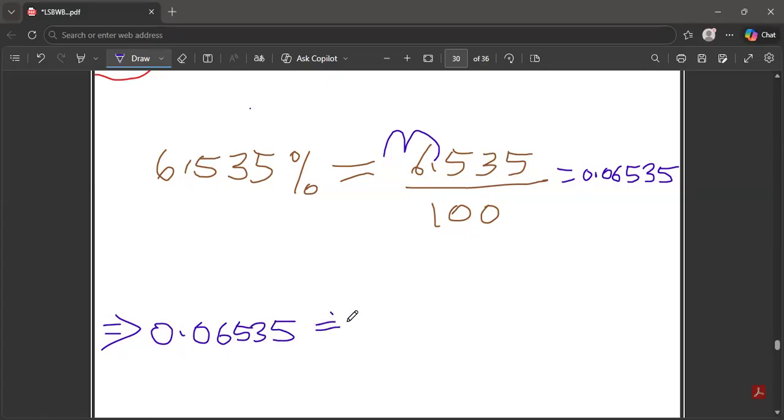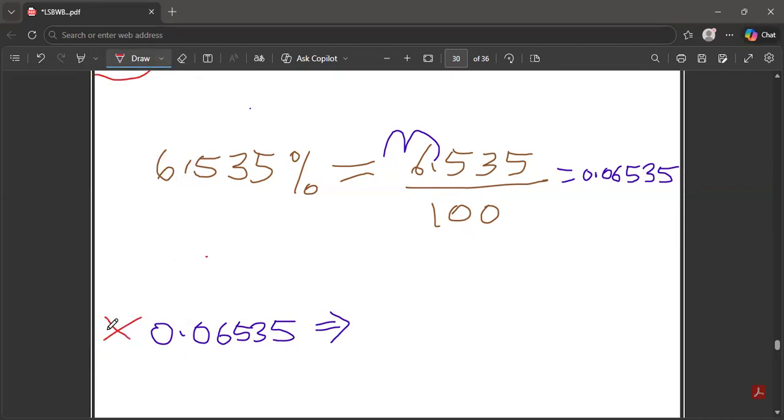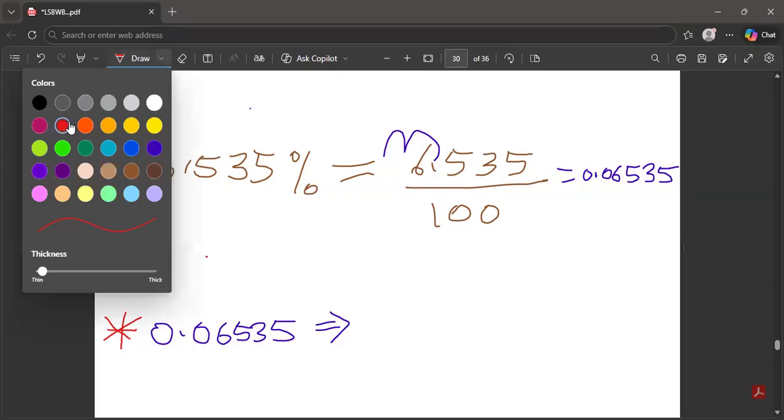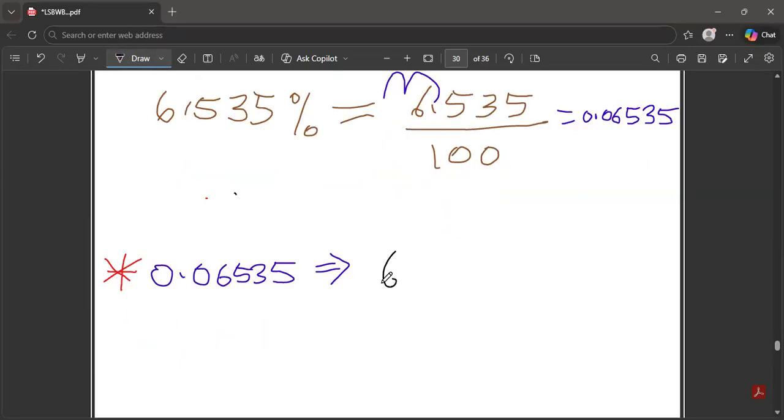can also be written as what? Can also be written as, let's say, 6.535 times 10 exponent -2.